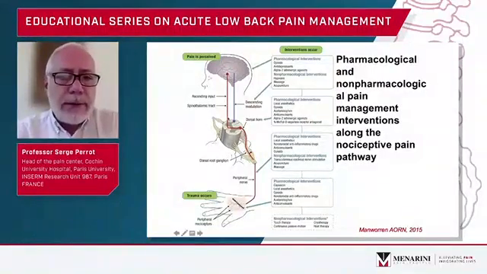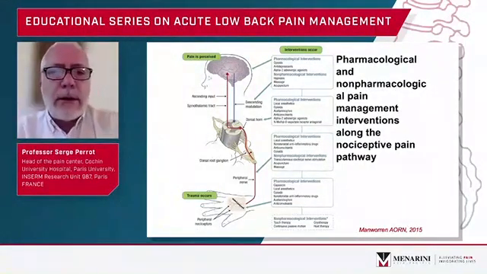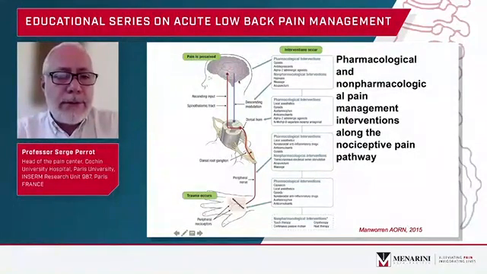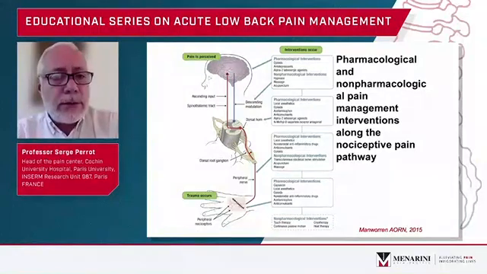For example, tramadol is acting on the ascending pathway, is blocking the pain coming from the periphery, but it's also reinforcing descending modulation by its dual effect.